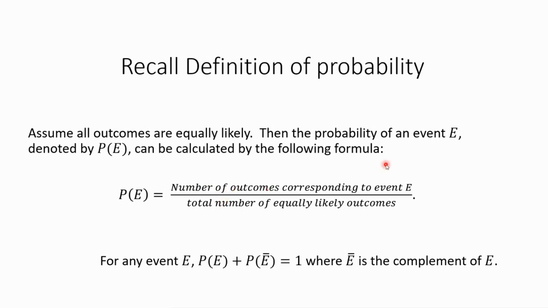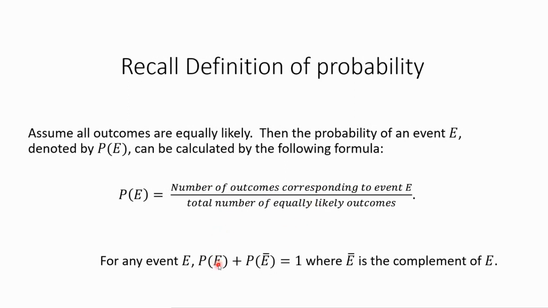In other words, since E is a collection of outcomes, it's the number of outcomes in E divided by how many outcomes there are in the sample space.